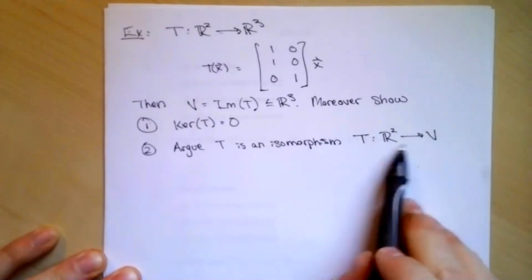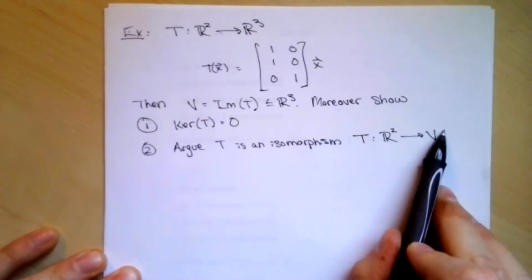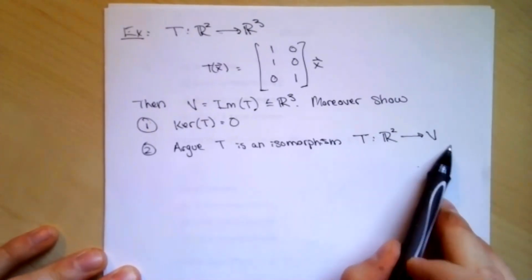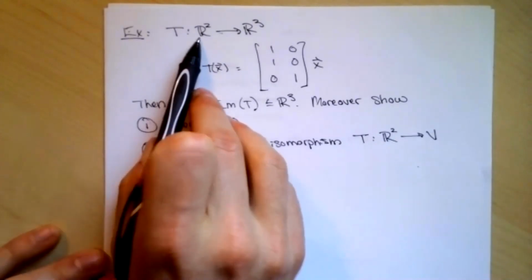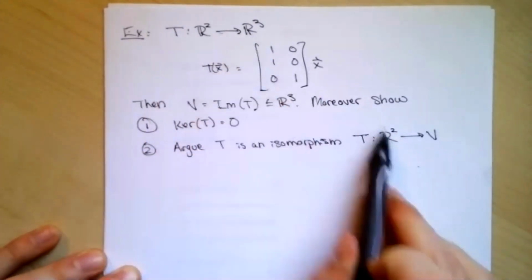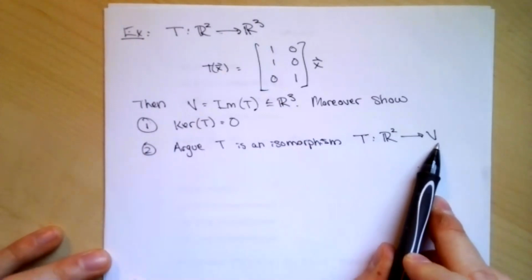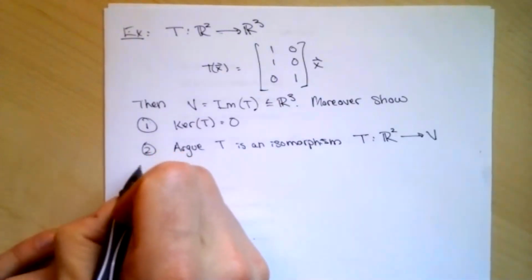And this is why it's important to list the domain or the target space as well, because it's certainly not going to be an isomorphism from R2 all the way onto R3, but from R2 onto V, it will be an isomorphism.